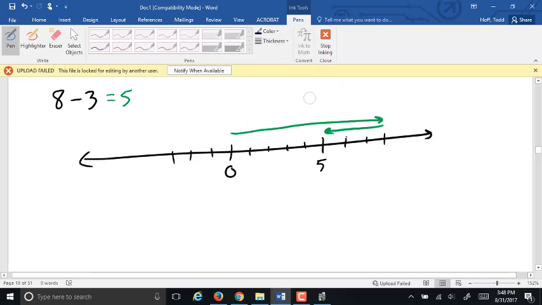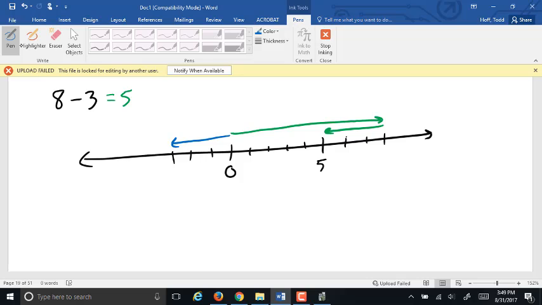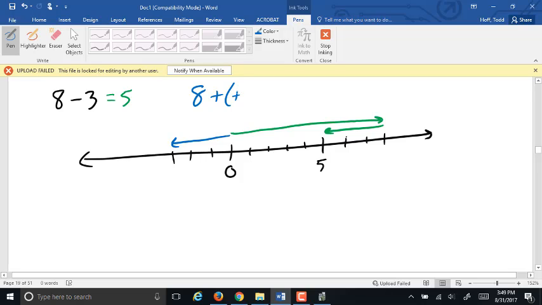Well, this little vector here is just the vector for negative 3. What we did here actually looks a lot like the picture for 8 plus a negative 3. In fact, it is the illustration for 8 plus a negative 3.